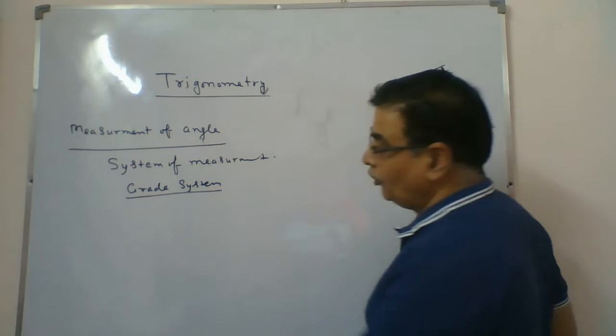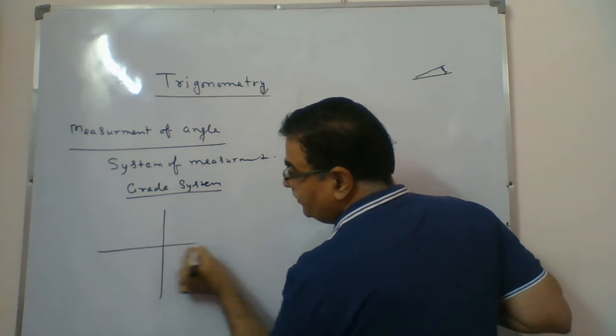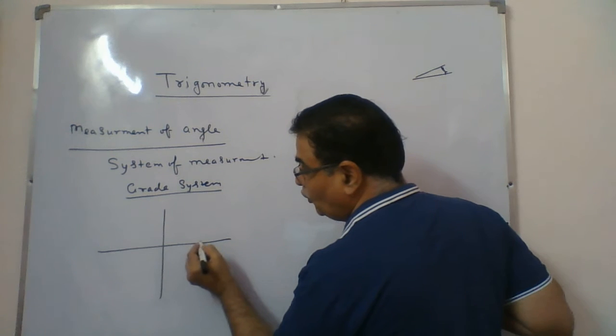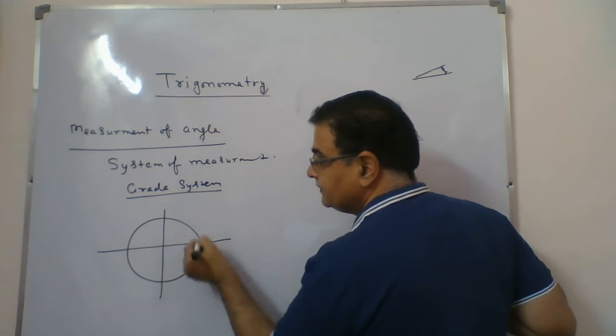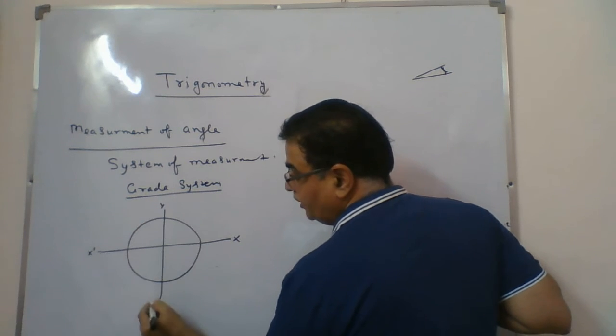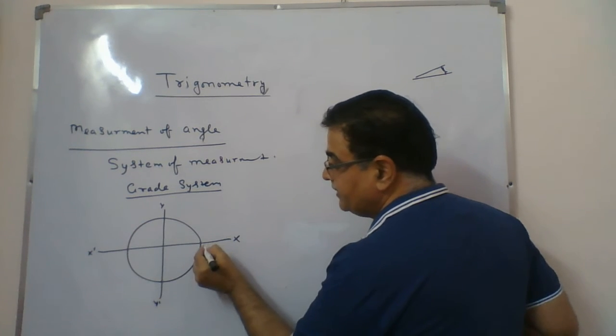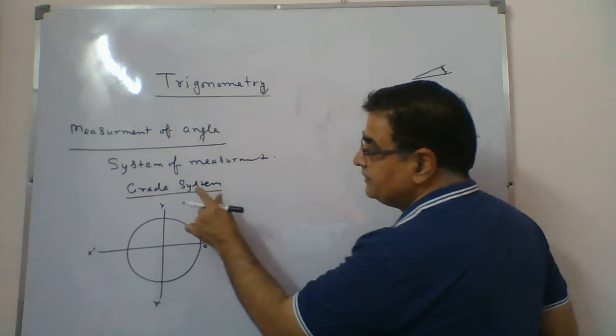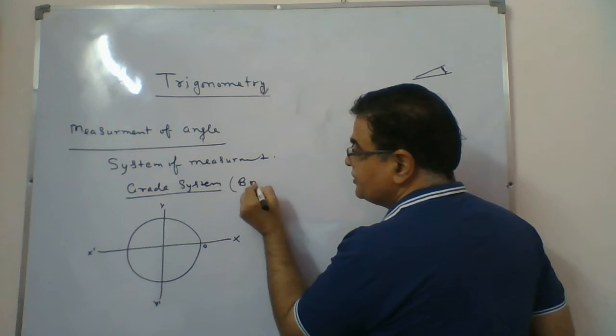In the grade system, we will have 4 quadrants: x, x dash, y, y dash. Here we will say this is 0. The grade system is also called the British system.